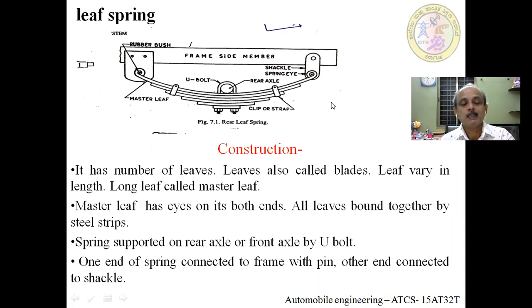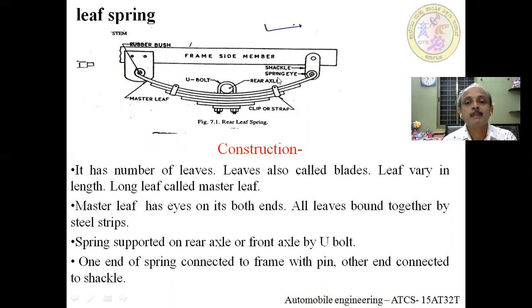So this is a simple sketch of leaf spring. In the construction, you will see it has a number of leaves. Leaves are also called blades. The leaves vary in length.